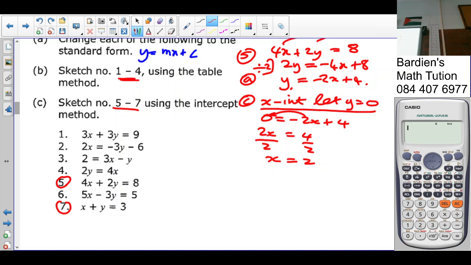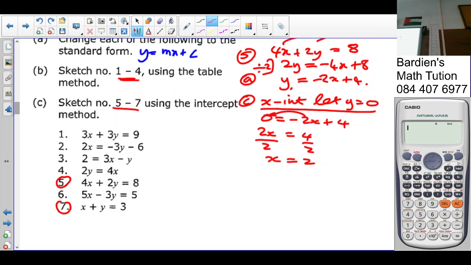Because anywhere on the x-axis, your y value is 0. Anywhere on your y-axis, your x value is 0. That is the reason why.